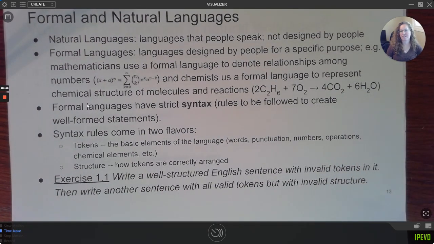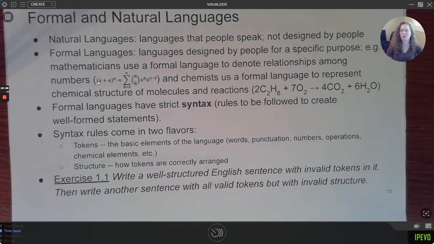Formal languages, on the other hand, are languages that are designed by people for a specific purpose. As you've taken math courses throughout your life, you have learned a formal language, or at least many parts of a formal language that mathematicians use to denote relationships among numbers.